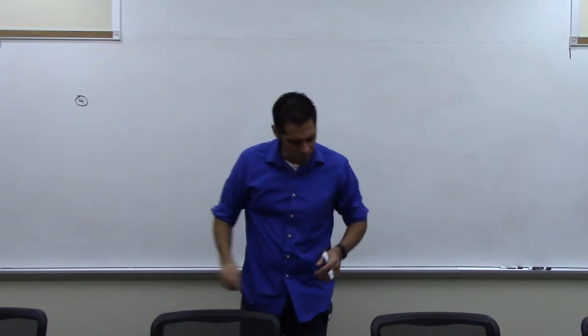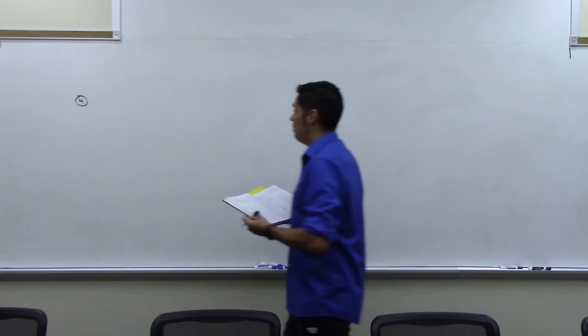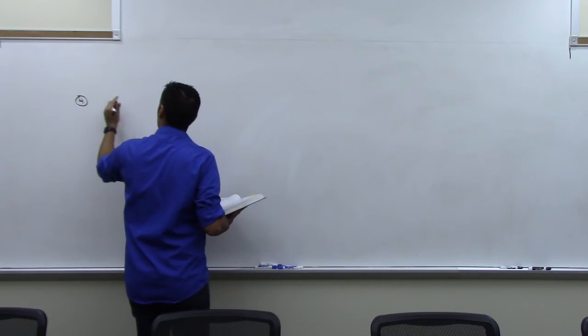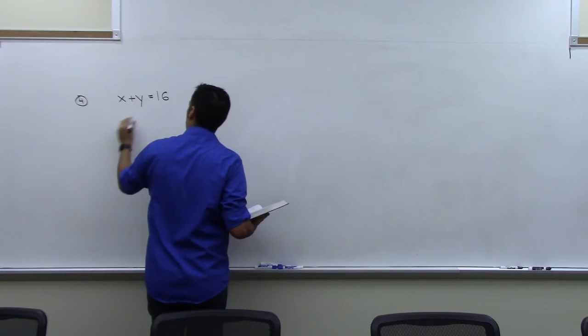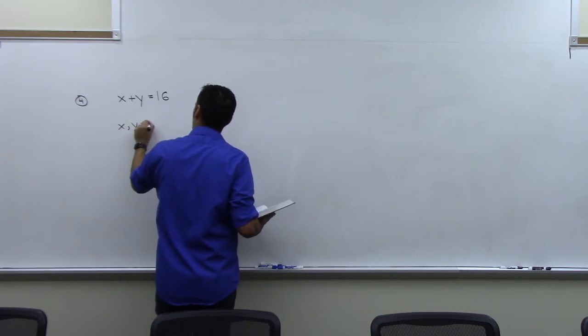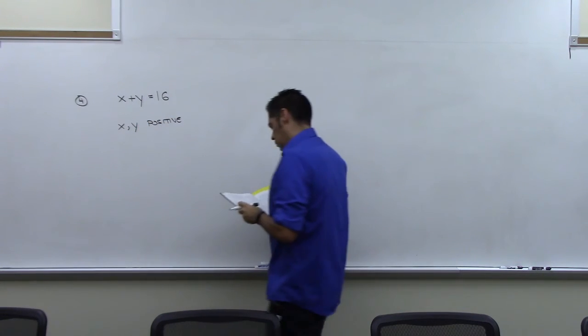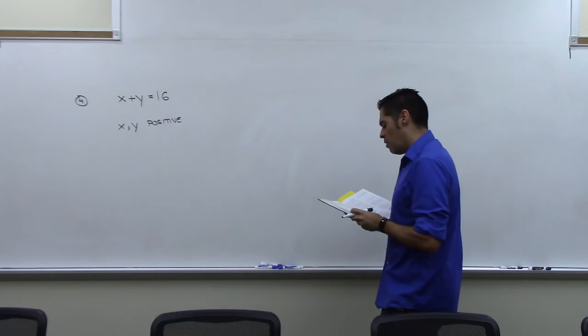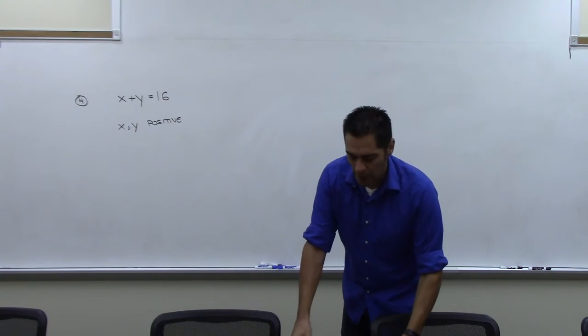All right, number 4. The sum of two positive integers is 16. So you have two integers that add up to be 16, but I'm going to put here x and y are positive. What is the smallest possible value of the sum of their squares?